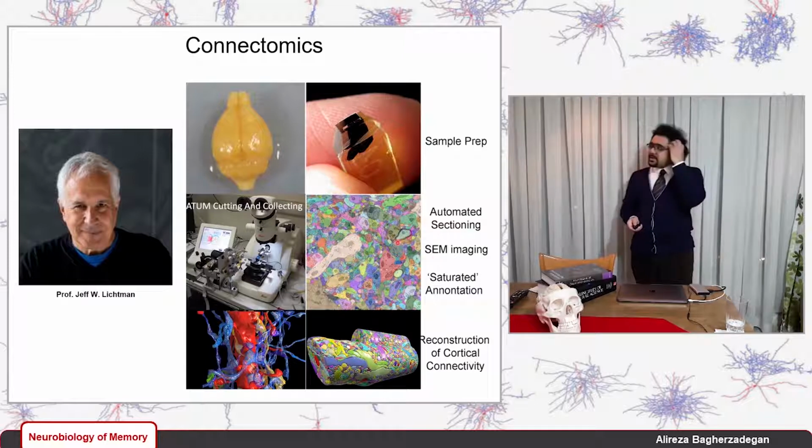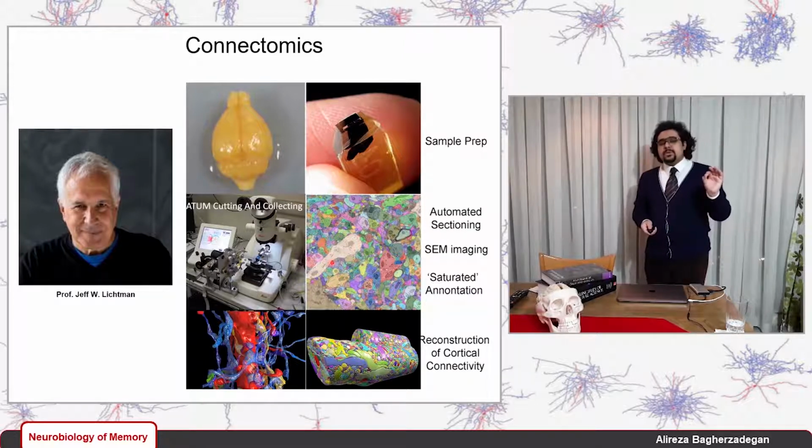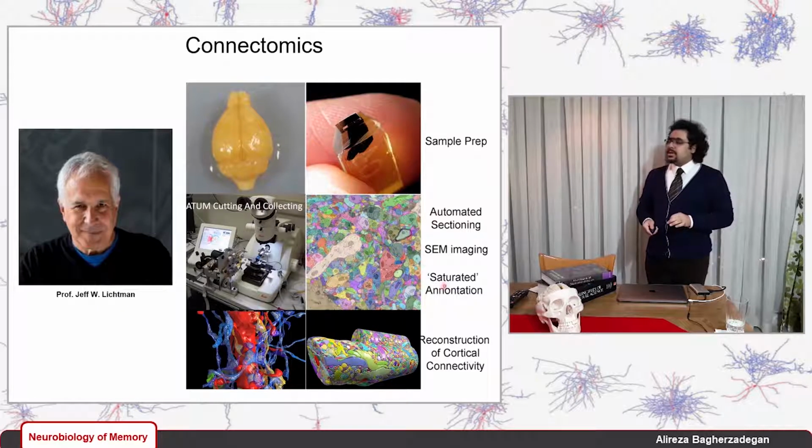By saturated annotation, they assign a color to those structures that they can identify. Each one of these structures can be, for example, a neuron or a section of a dendritic shaft, or a section of an axonal terminal, and they assign a color, and they call that task saturated annotation.